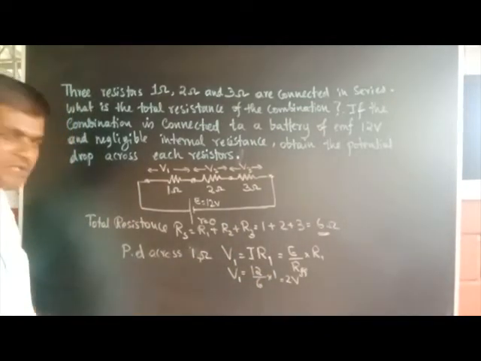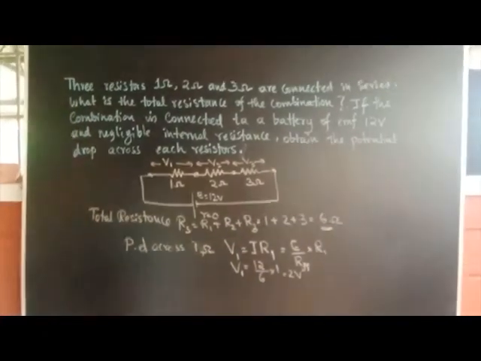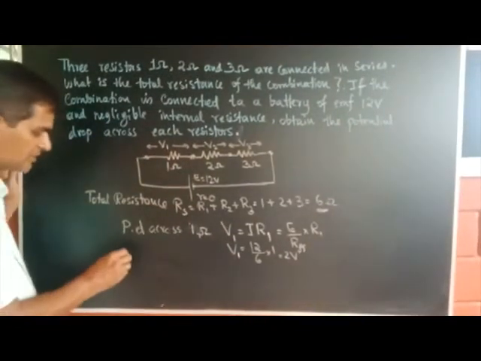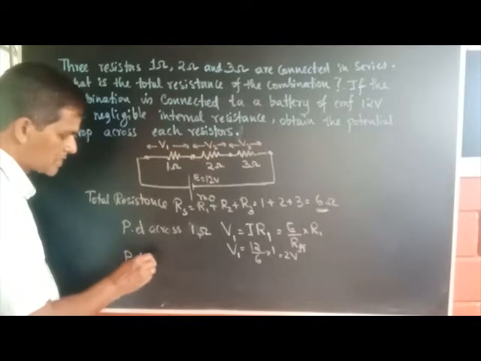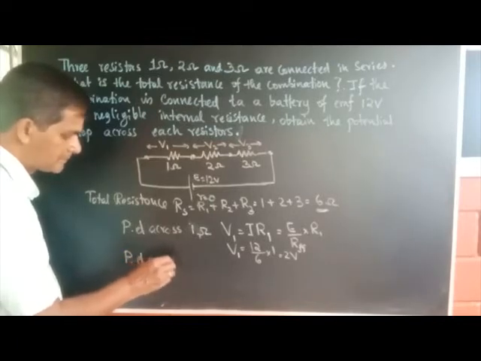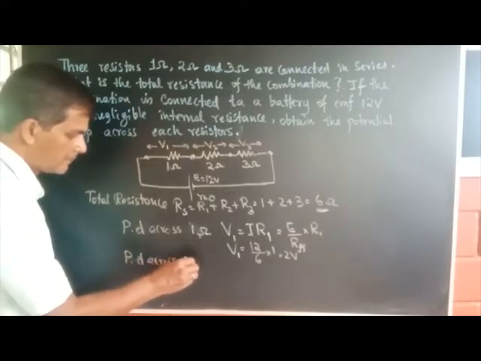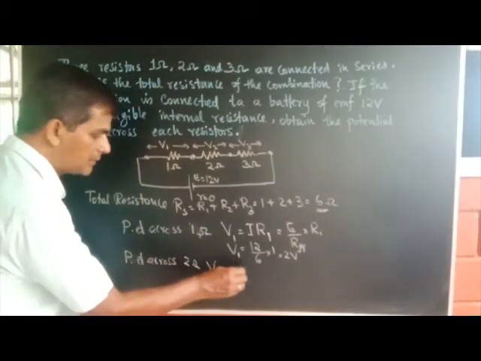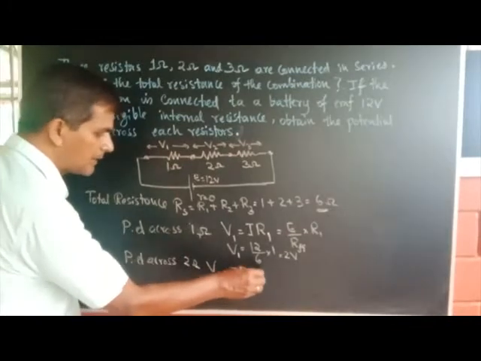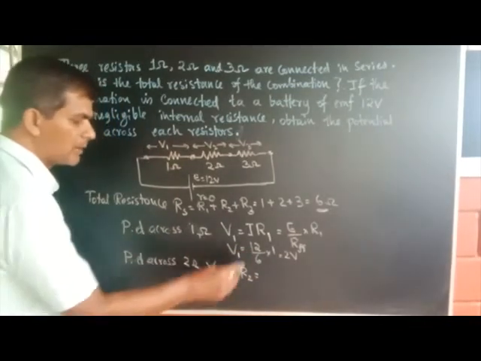Now the potential drop across the resistance R2, or 2 ohm, that I write as V2. Now this current I into R2. The current I already calculated is 12 by 6, or 2.